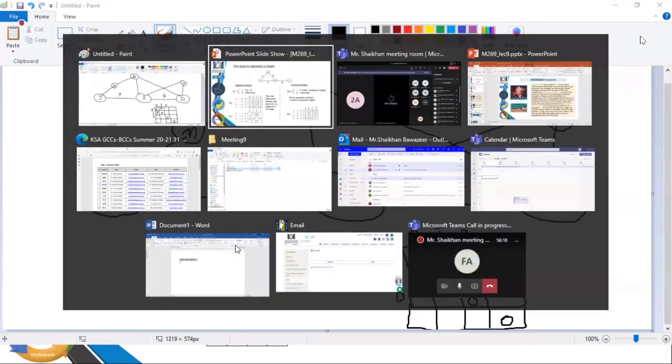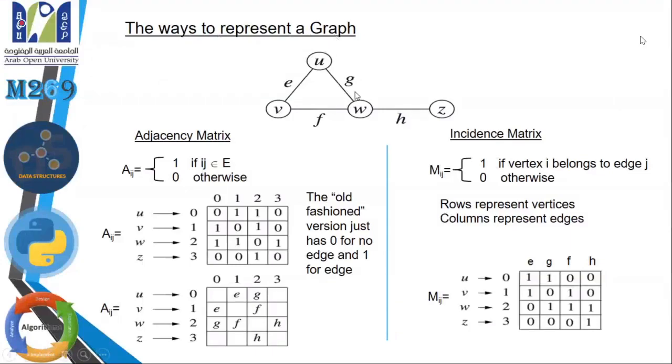Let's go back. So the way to represent a graph: the graph has vertices U, V, W, Z, and the edges are E, G, F, H. It could be numbers, it could be anything you want. To do that, we use an adjacency matrix, with rows and columns U, V, W, Z, that is 0, 1, 2, 3. Now, is there anything from U to U?